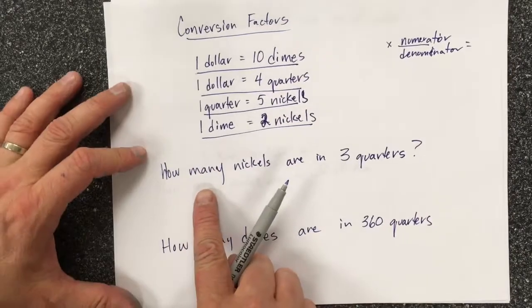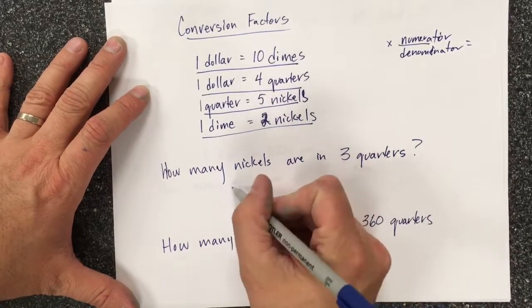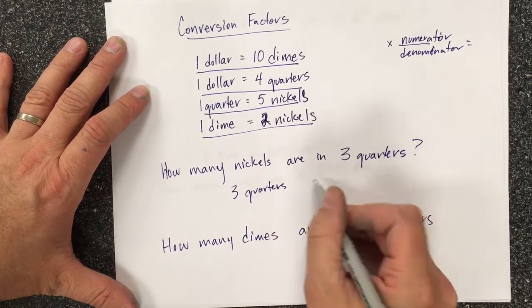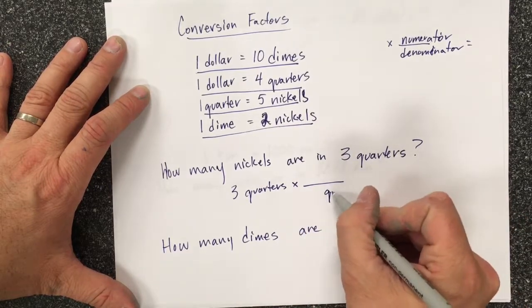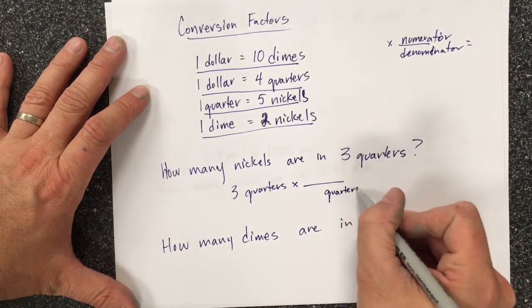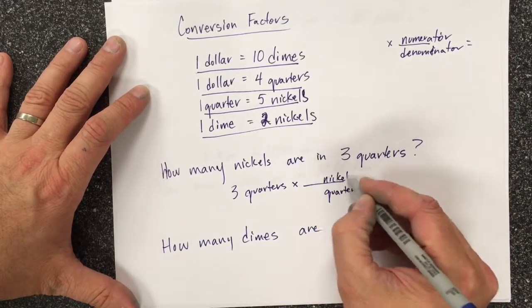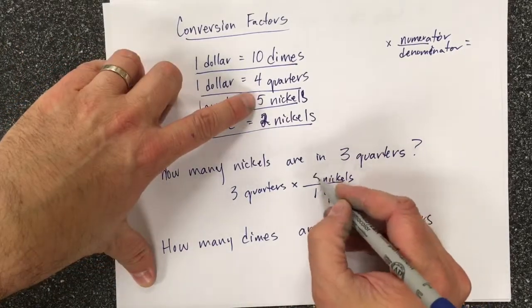In this question, it says, how many nickels are in 3 quarters? So I start with 3 quarters, and I don't want those, right? I know I've got 3 quarters, so I put quarters in the denominator, and then I want nickels. The relationship with nickels and quarters is 1 quarter is 5 nickels.